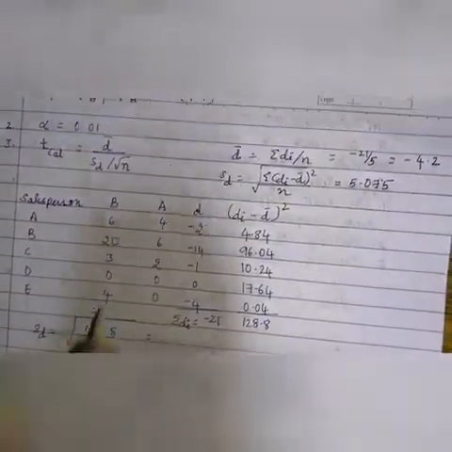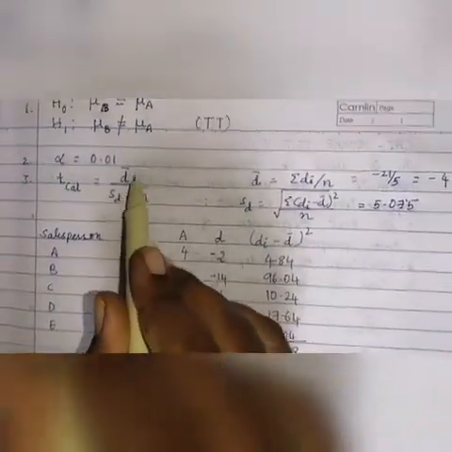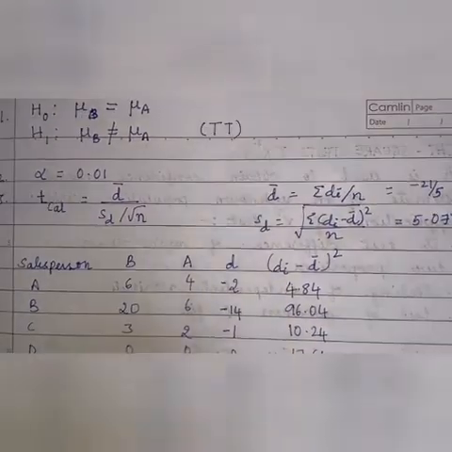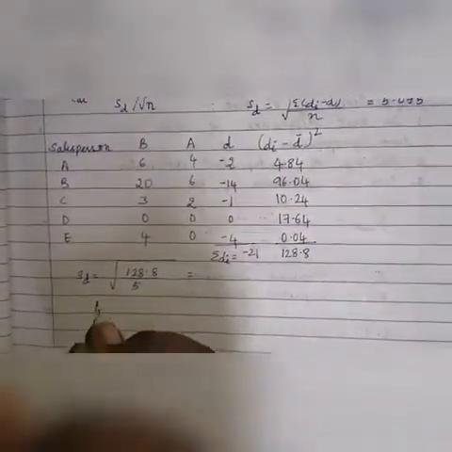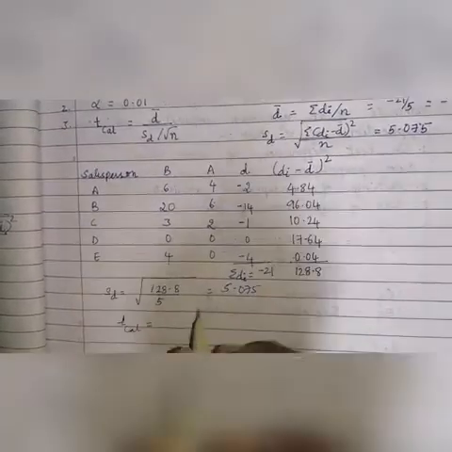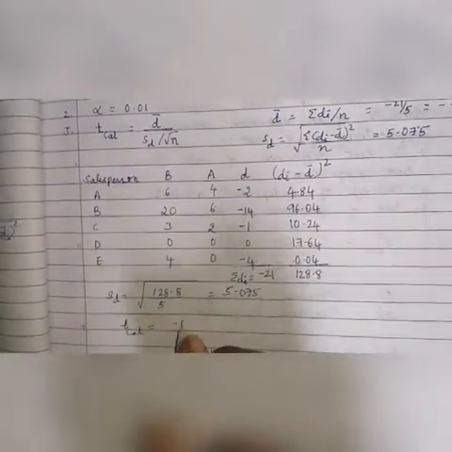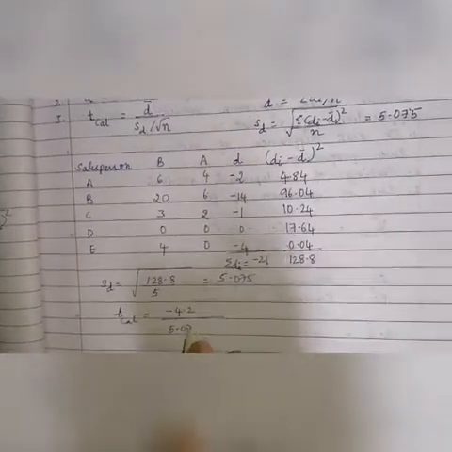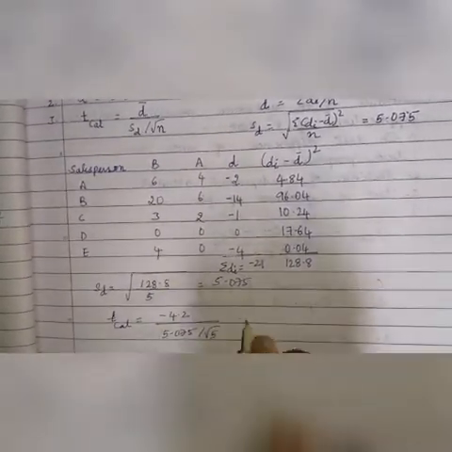Okay, now we have d bar, we have the standard deviation, and we also have the value of n. Let's just substitute it here. T cal is equal to d bar, minus 4.2, by the standard deviation, 5.075, by square root of 5.